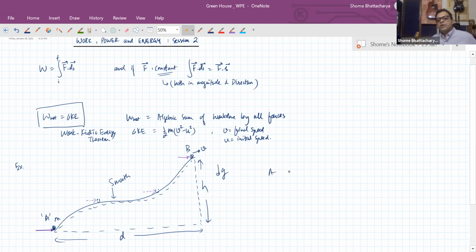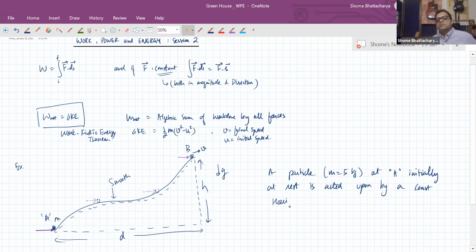So a particle of mass, let's say 5 kg, at the point A, initially at rest, is acted upon by a constant horizontal force F of magnitude, let's say 40 newtons, as shown.